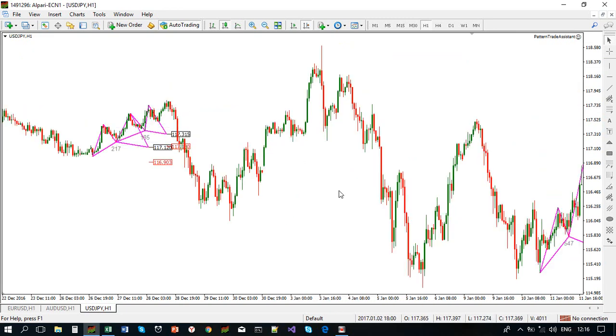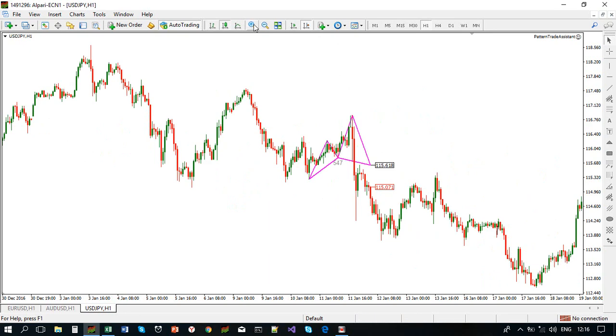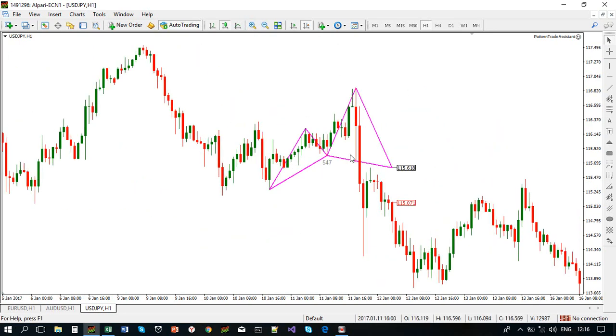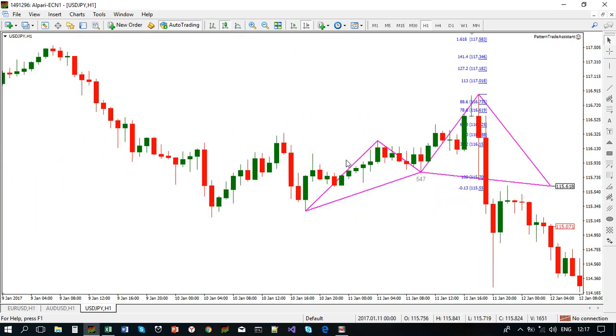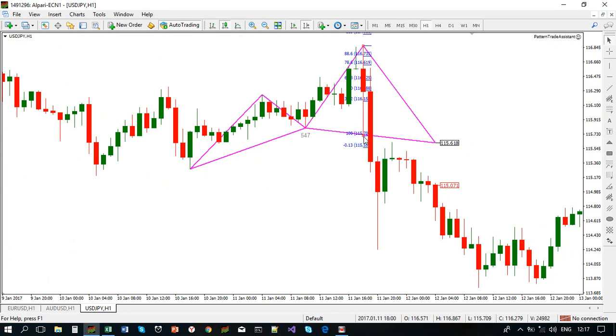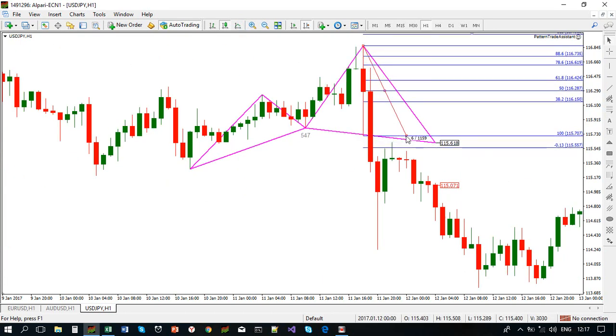The pattern is invalidated. This one, pay attention to it. It didn't trigger, and then it went straight to stop loss.